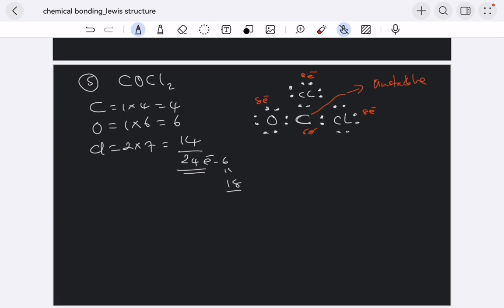For the carbon to become stable, we do what we call a resonance. A resonance is where a compound has got more than one structure. So what we do here is a lone pair will move and go there.